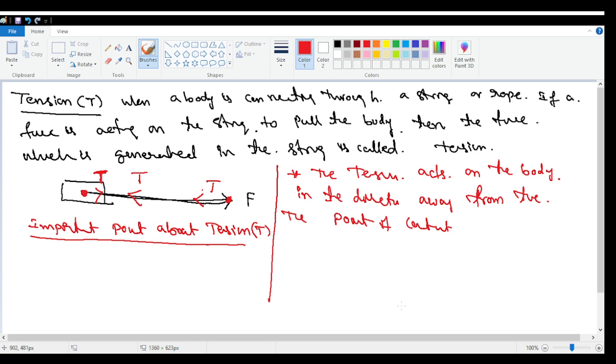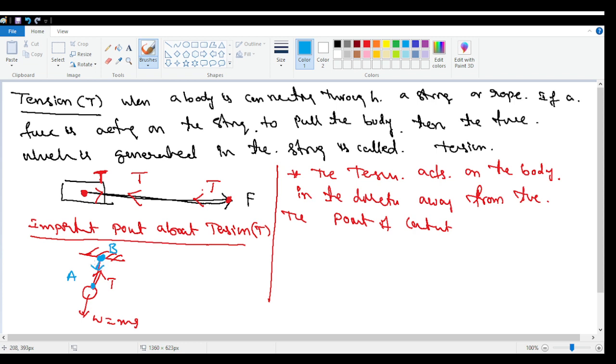Now let me take one small example, a pendulum. This is the roof, one pendulum is connected like this, and the weight of the object is W equal to mg. Here the tension direction is like this. Now at this point of contact A, and now point of contact B, what is the tension direction?